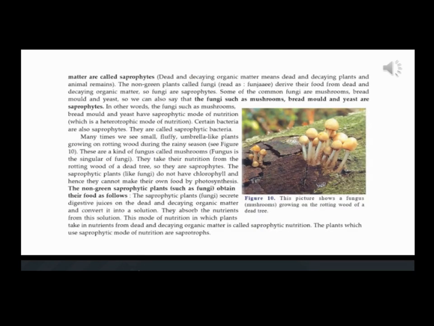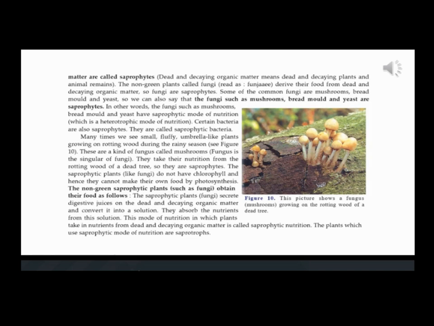Dead and decaying organic matter means dead and decaying plants and animal remains. The fungi such as mushroom, bread mold and yeast are saprophytes, that is, they obtain food from dead and decaying plants and animal remains. Certain bacteria are also saprophytes. They are called saprophytic bacteria.